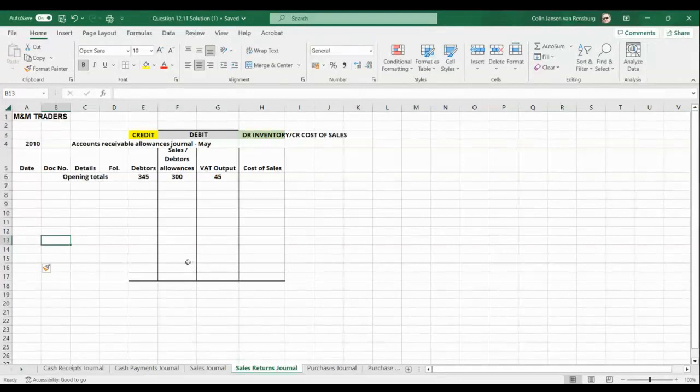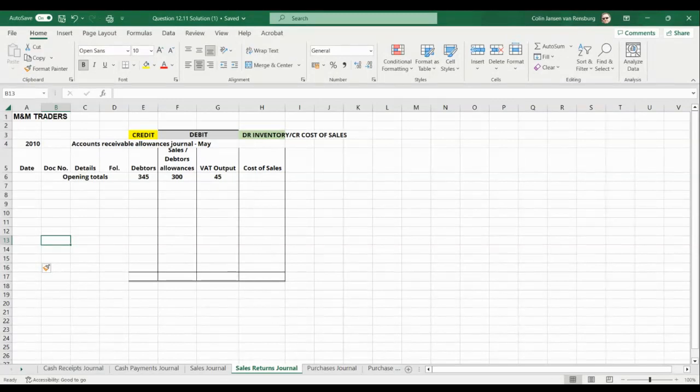I obviously had another subject this morning, so I couldn't work on it this morning. So bear with me. I have to sort of format a little bit more as we carry on. Once again, because we are using the periodic inventory system and not the perpetual inventory system, we are not going to use this column. This column will be added if we are using the perpetual inventory system.